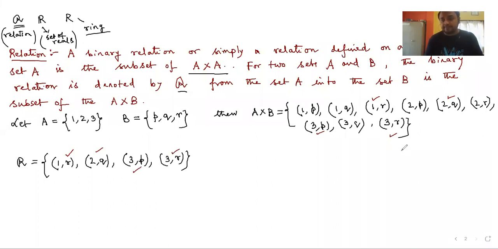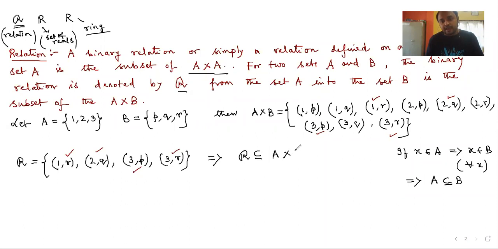We know that if X belongs to A implies X belongs to B, and if it is true for all X, then we say that A is a subset of B. Therefore, since all the elements of capital R are elements of A cross B, R is a subset of A cross B, and by definition, R is a relation.